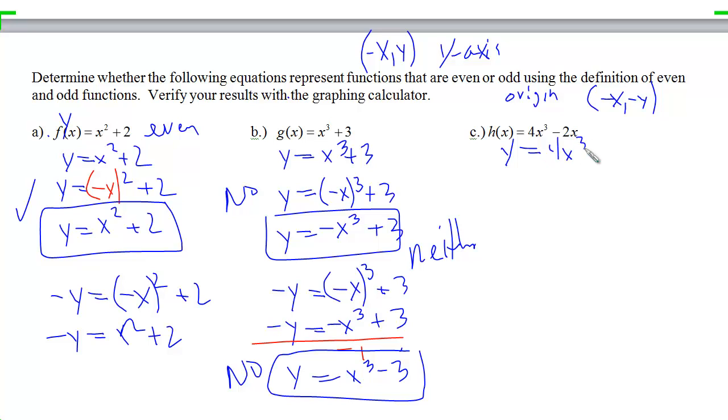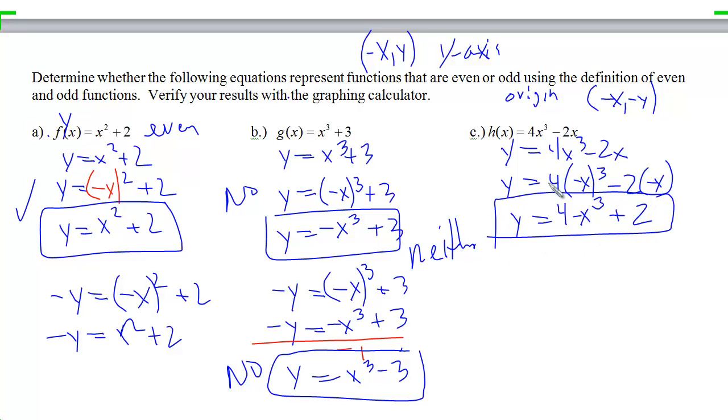And we'll do the final one here. I'm going to go ahead and sub in the negative x. And then simplify. This negative x cubed, as we've seen, is still a negative x cubed. This is going to become back a positive. And we'll see that this is not equivalent. This would be, get rid of this, negative 4x cubed plus 2x plus 2.